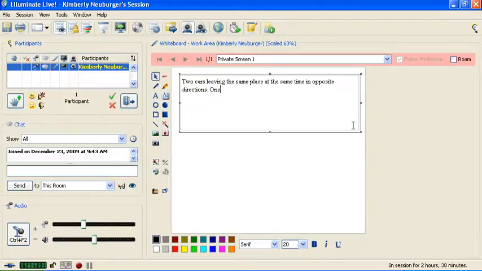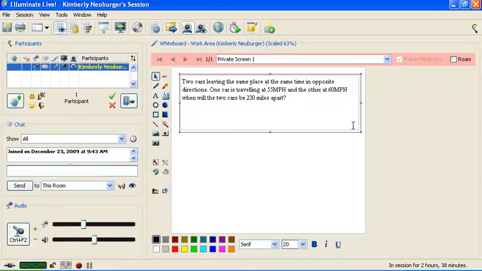One car is traveling at 55 miles per hour and the other at 60 miles per hour. When will the two cars be 230 miles apart?